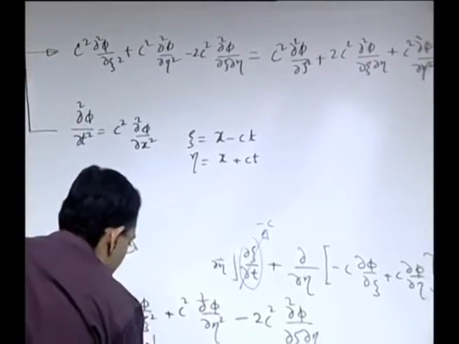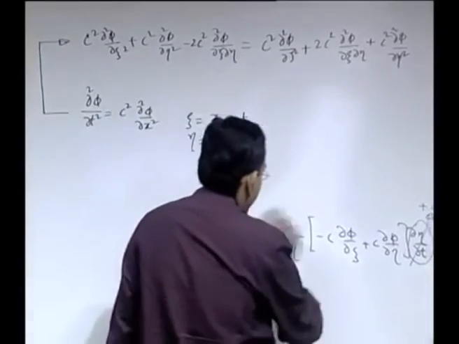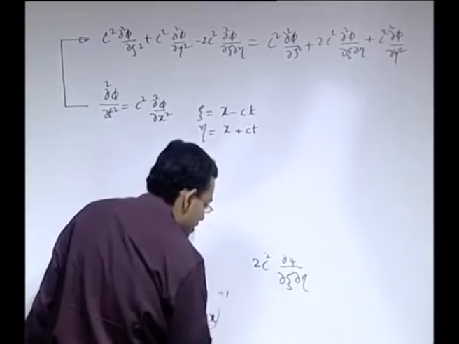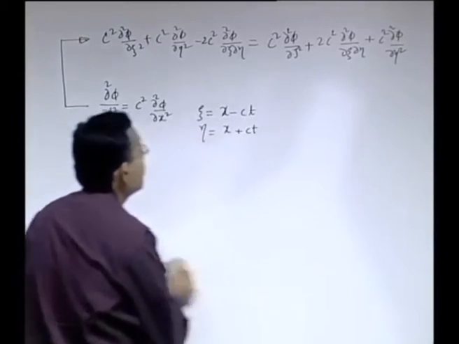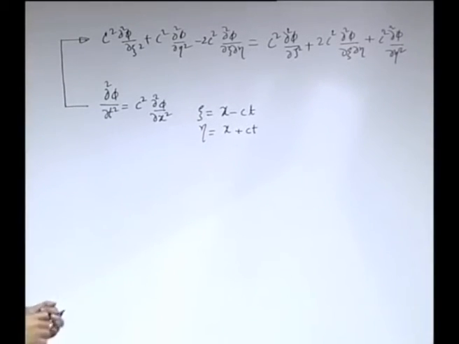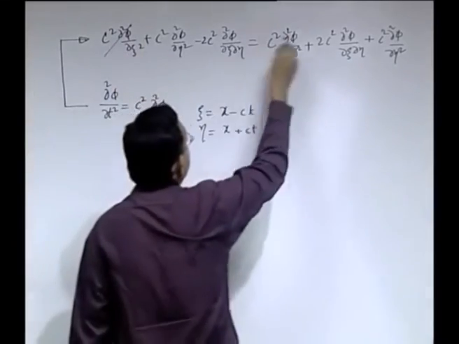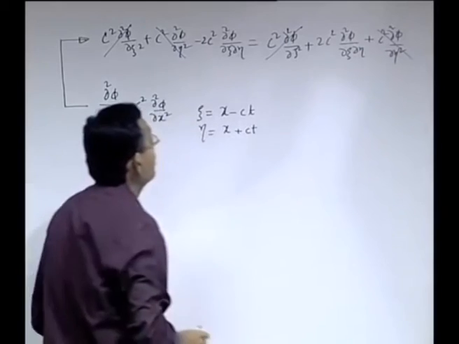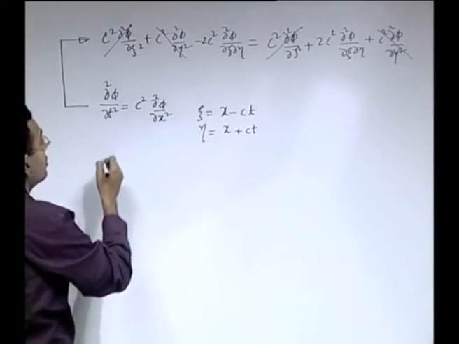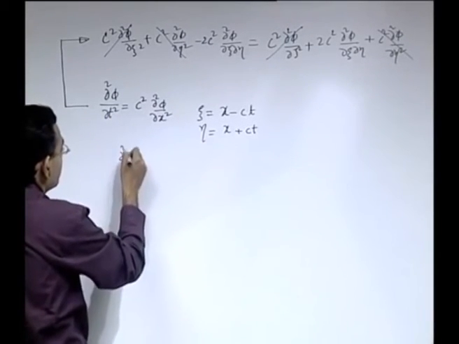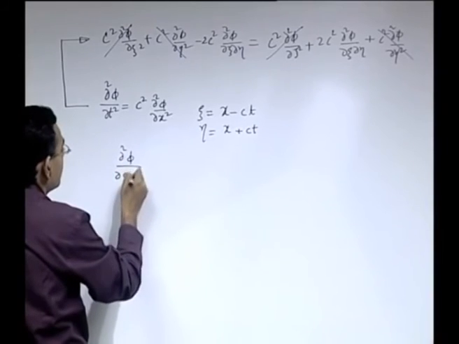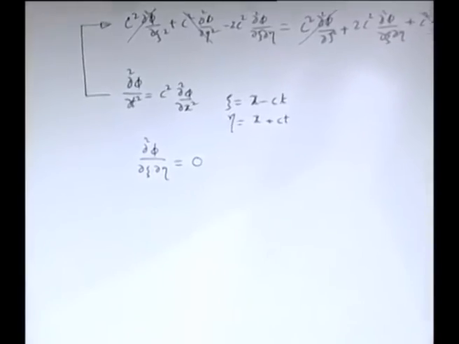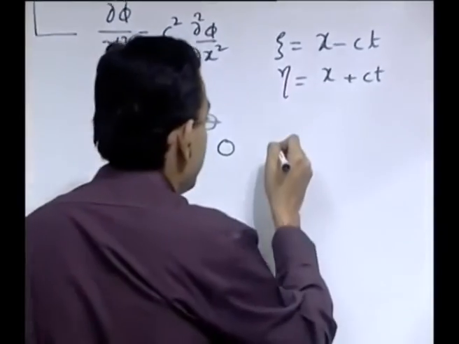Once we write it in this form, you can very easily simplify it because several terms in both the sides cancel. For example, these two terms cancel, these two terms cancel. So, you are left with this one.